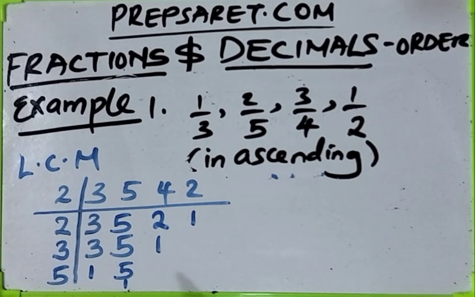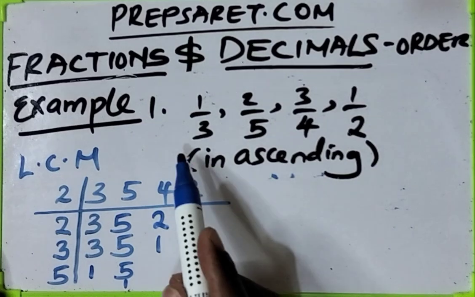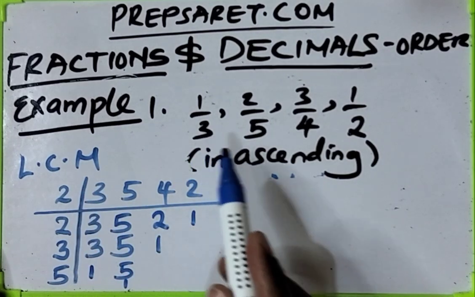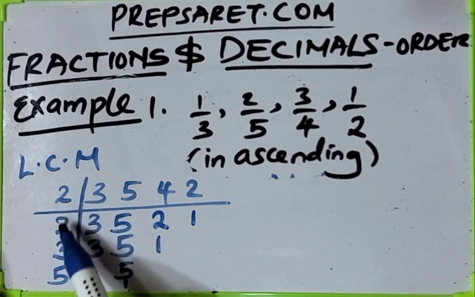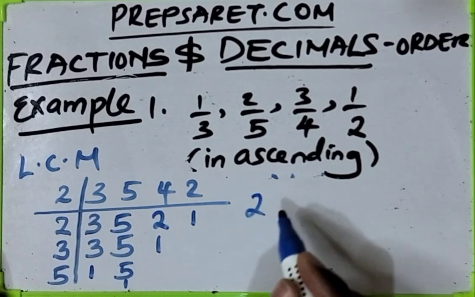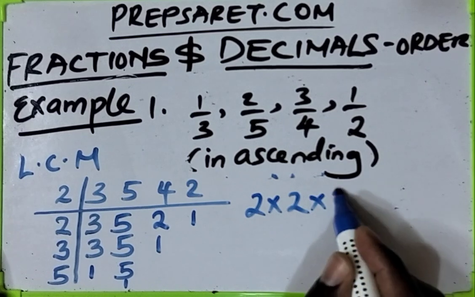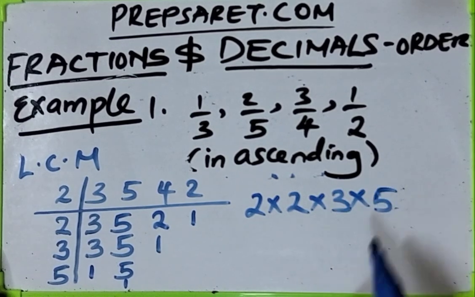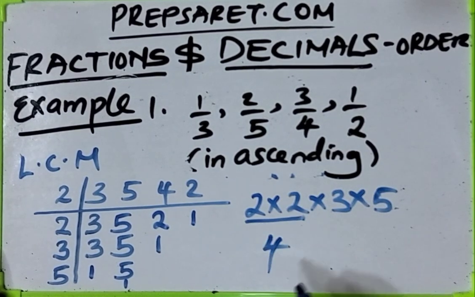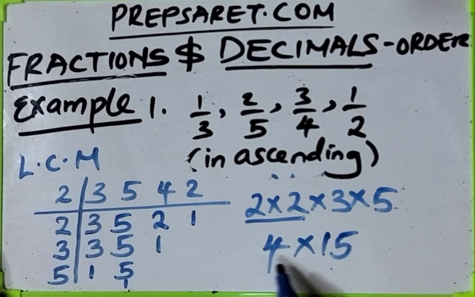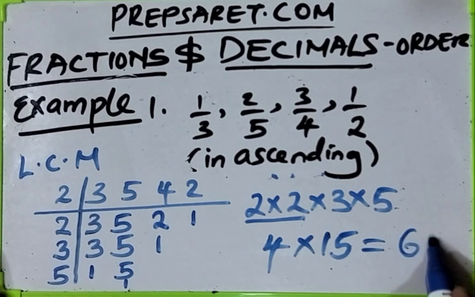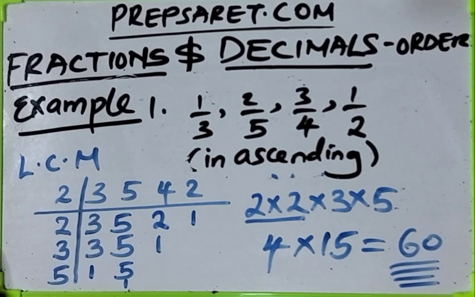So to get the LCM of 3, 5, 4, and 2, we multiply 2 times 2 times 3 times 5. 2 times 2 is 4, and 3 times 5 is 15. Then 4 times 15 is 60. Our LCM has been found: 60.